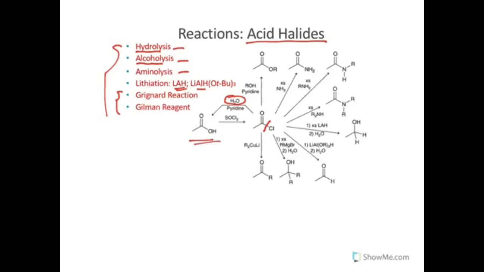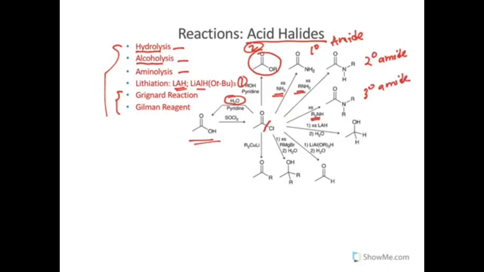We can also transform them into esters if we perform alcoholysis. For aminolysis, we can use ammonia, a primary amine, or a secondary amine, so we can end up forming a primary amide, a secondary amide, or a tertiary amide.